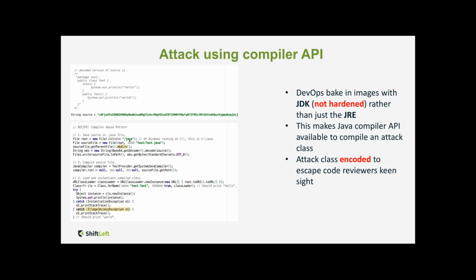Now, when a JDK is deployed, it makes the Java compiler API available to compile an attack class. And note this attack class can either be passed by attacker-controlled input through an HTTP source, or again, like you saw earlier, it can be hard-coded as a literal, placed somewhere hidden in a globals file that is called upon by your source code.